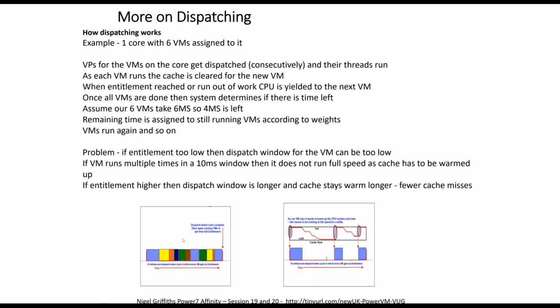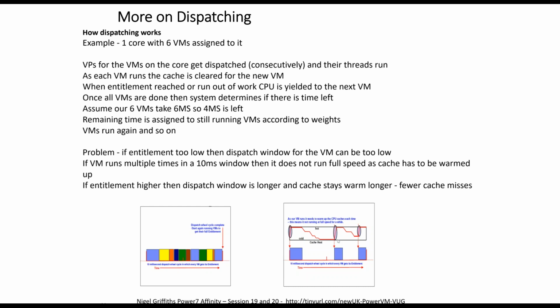If most of the time this blue guy needs, let's say, 4 milliseconds, and I've given him an entitlement of 1, then what I'm actually causing it to do is what's happening over here on the right, where the blue one fires up, he gets his cache warm and he runs, and then he has to give up the CPU till all the other guys run. Then he gets redispatched, same process, and then we do it again.